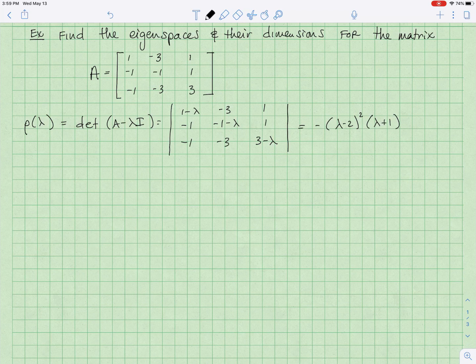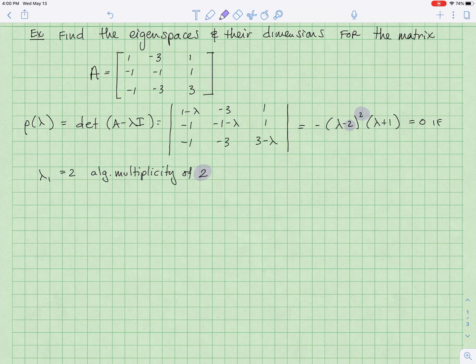And so we have a couple of eigenvalues. This will equal 0 if our first lambda value is 2, and that has an algebraic multiplicity of 2. I am referring to the fact that the number 2 makes this factor 0, and the fact that I have a square.